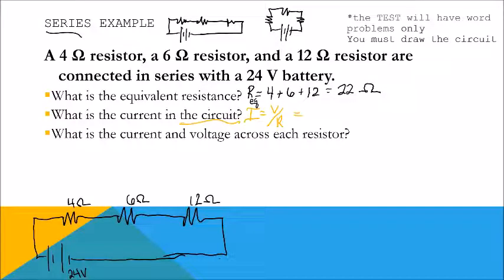The voltage in the whole circuit is 24, and the resistance in the whole circuit is 22. And we get the answer 1.0909090909, and it keeps on going. Don't be afraid of having repeating answers or even irrational answers. That can happen quite often in circuits.